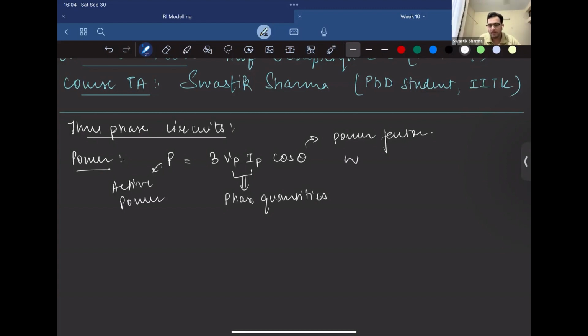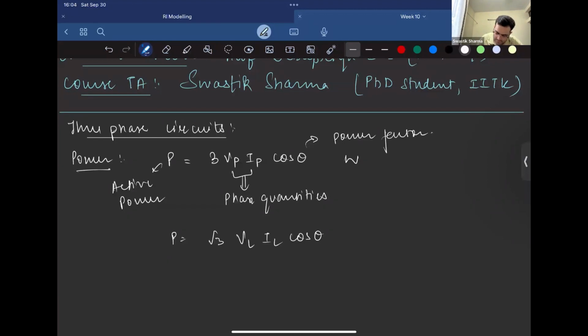And in terms of line voltages or line currents, we know that for star, the line currents and phase currents are the same, while for delta, the phase voltages and line voltages are the same, right? So if we use that, we'll come across this formula, root 3 VL IL cos theta.